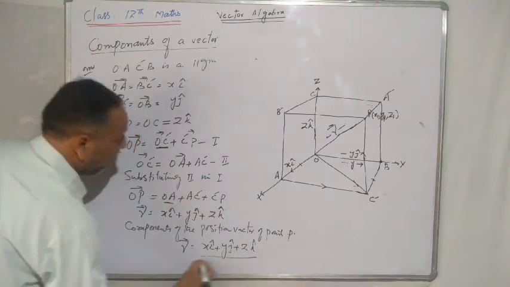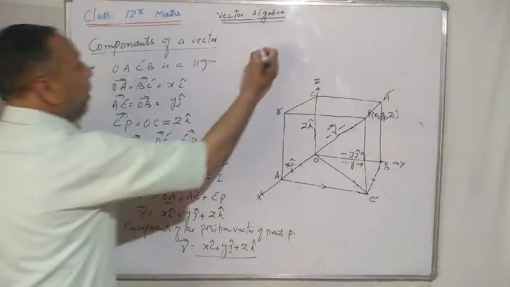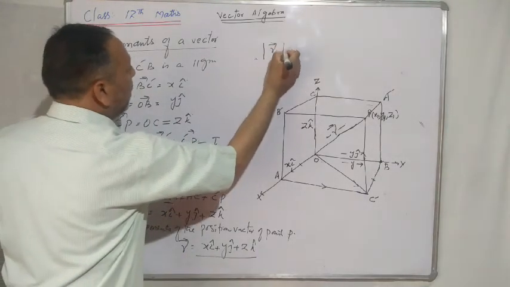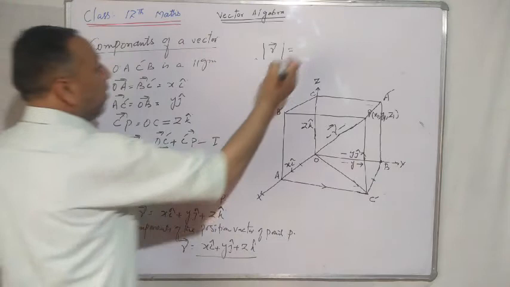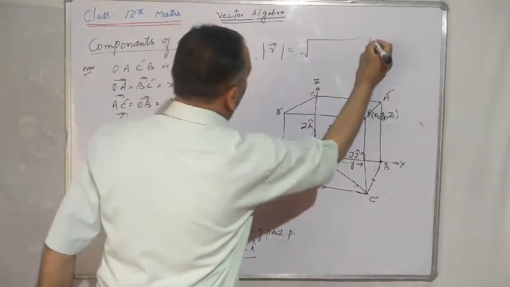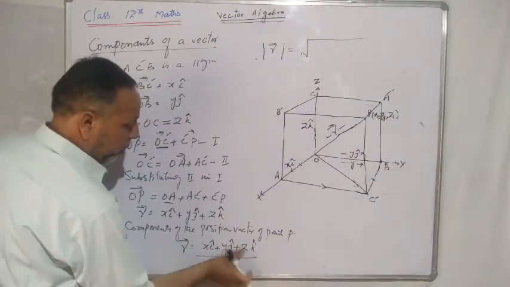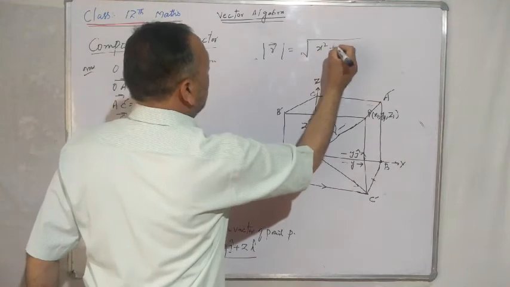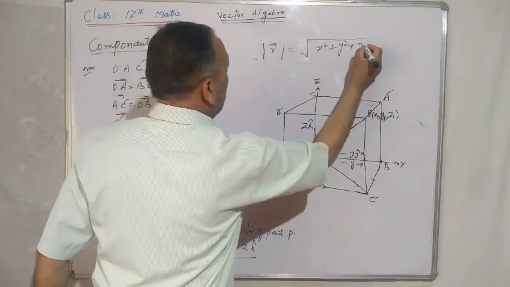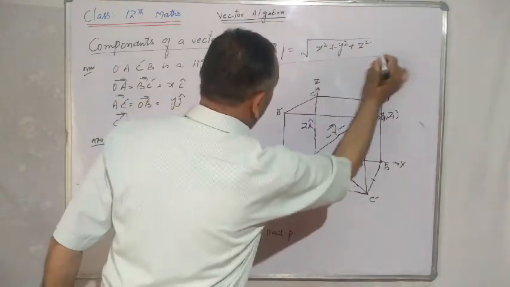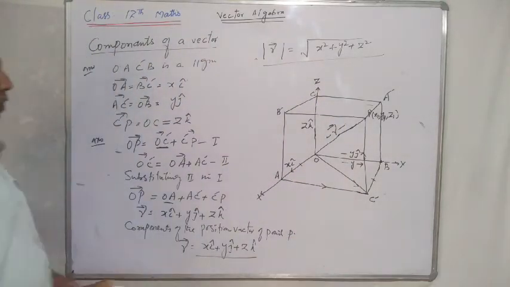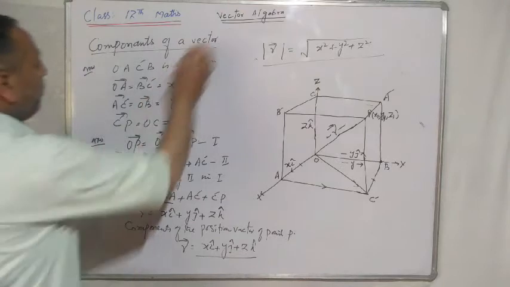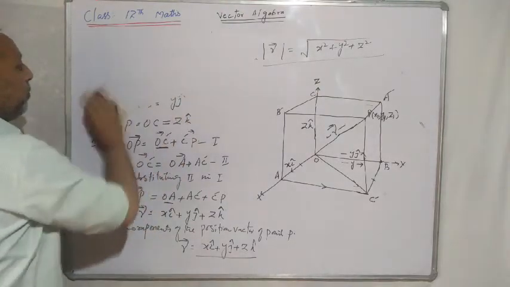And the magnitude of R will be equal to under root of x square plus y square plus z square. These are the components of a vector. Pause the video and note it down. Let me move to the next topic.